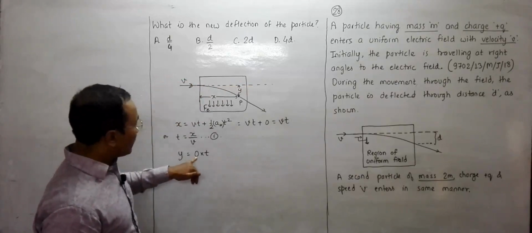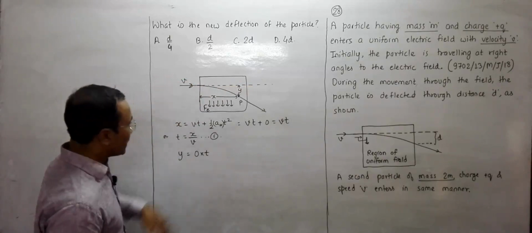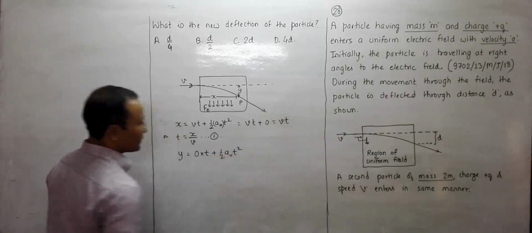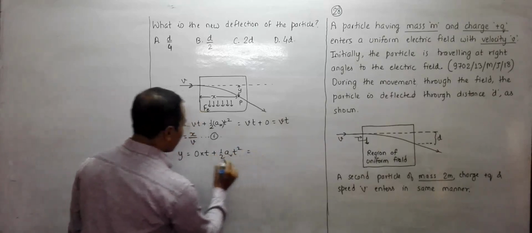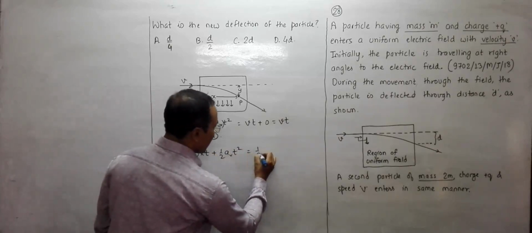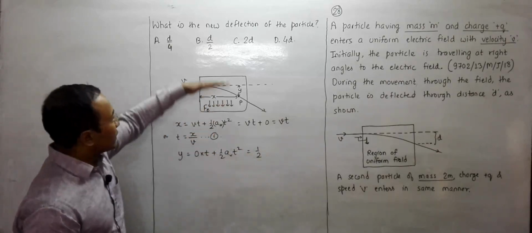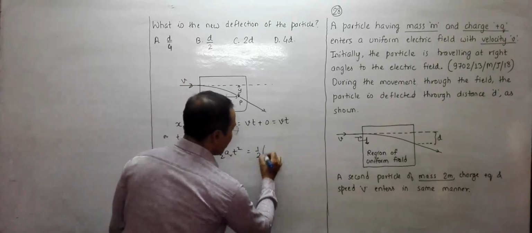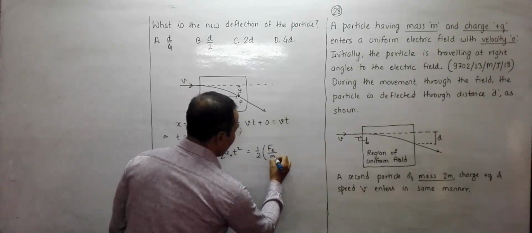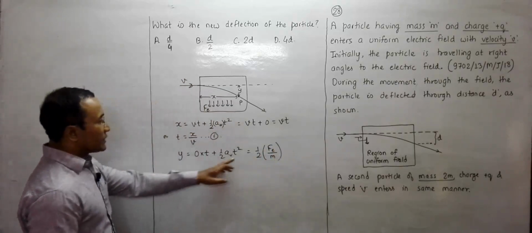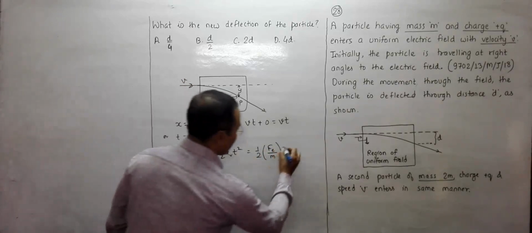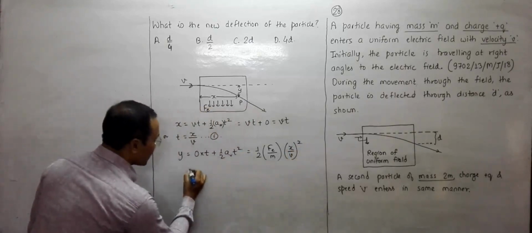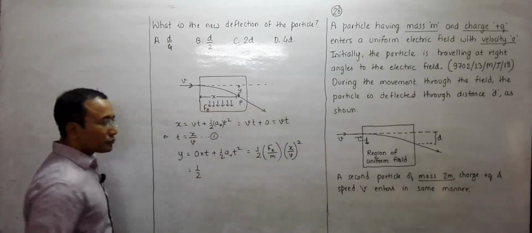So y equals 0 into t plus 1/2 a vertical t square. The initial term is 0, so it is simply 1/2, and the vertical acceleration is given by the electric force, so it is Fe by mass, and instead of t, I can use x by v whole square.